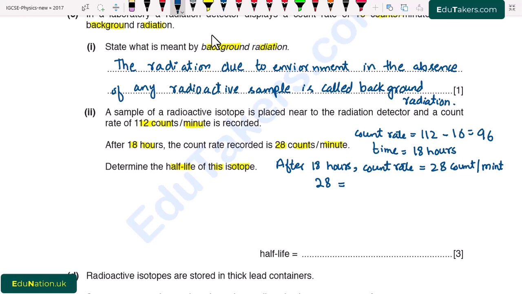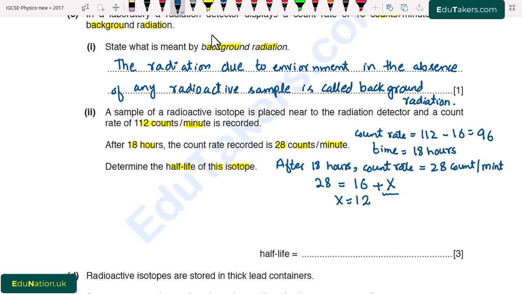It will be 16, that is due to the background radiation, plus x. Which number do I place here so that the total count rate becomes 28 counts per minute? It will be 12. So x is equal to 12.